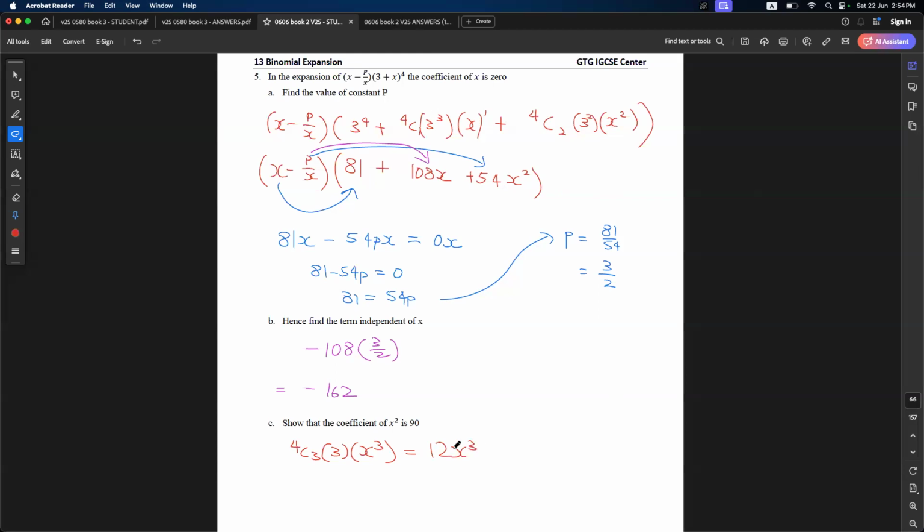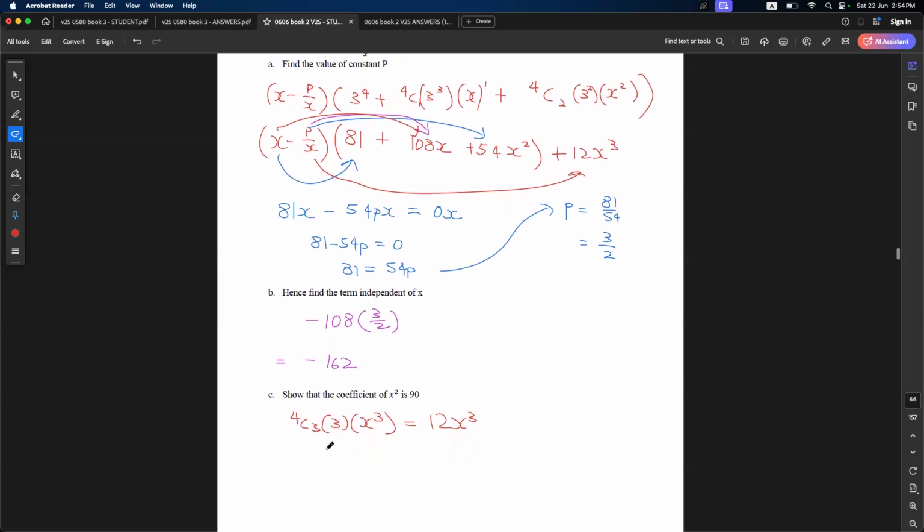Now 12x cubed times negative 1.5, which gives 108x squared, minus 12 times 3/2 x squared.